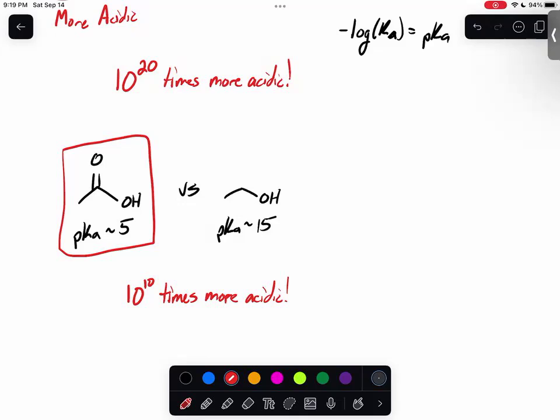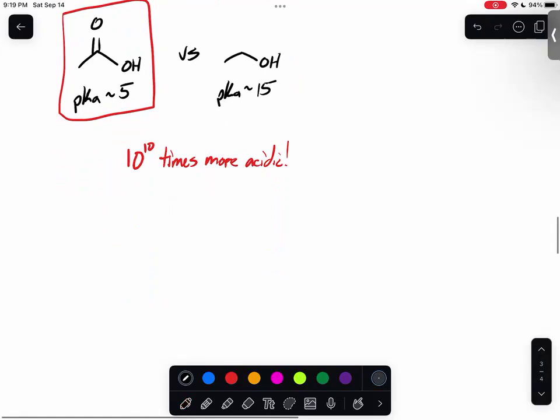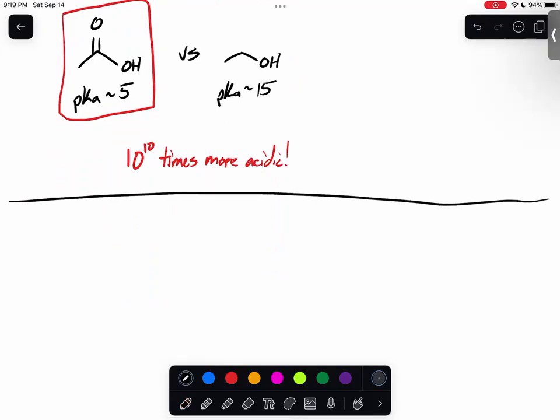And now where this matters is how it relates to our KEQ. Because whenever we take a look at our KEQ, we can take a look at the relationship here.